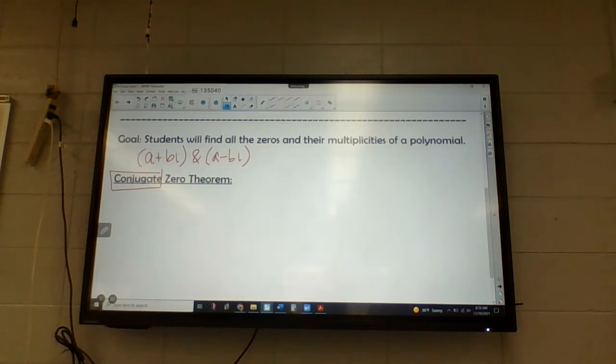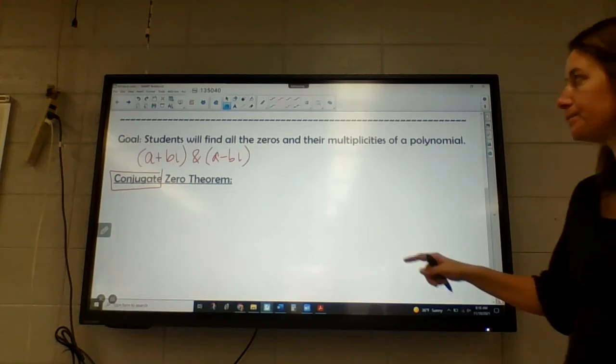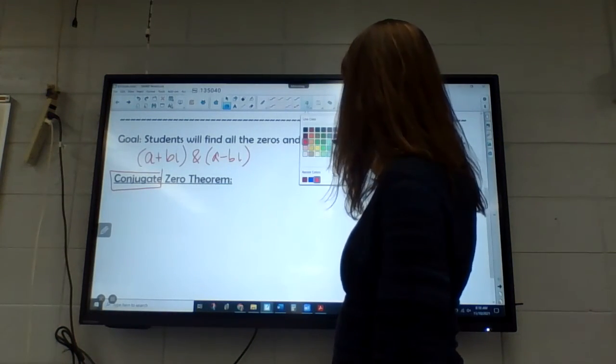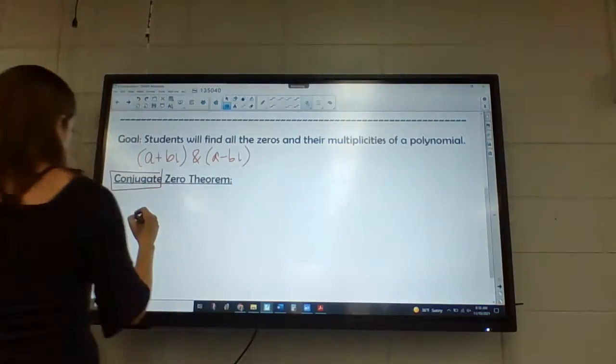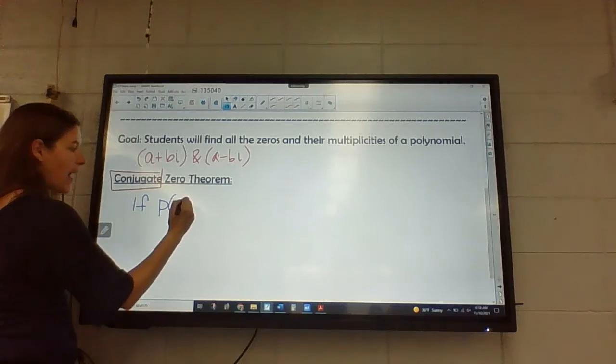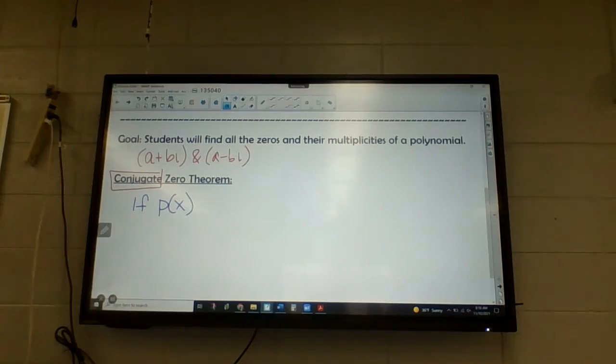What this conjugate zero theorem tells us is that if we're talking about a polynomial, and one of the conjugates is a zero, the other one is automatically going to be a zero. We have some polynomial, we'll call that P of x.